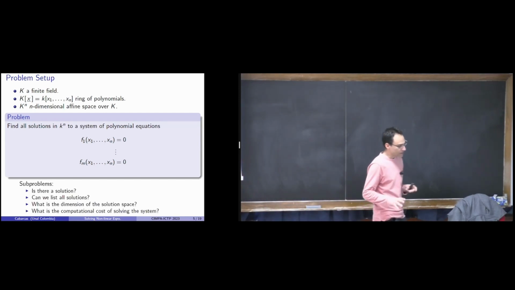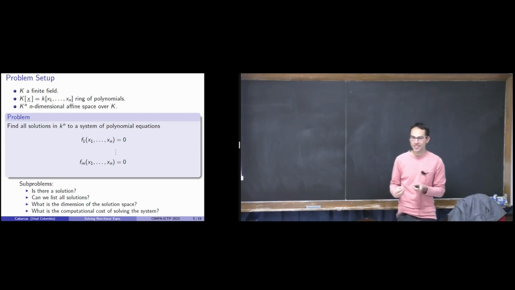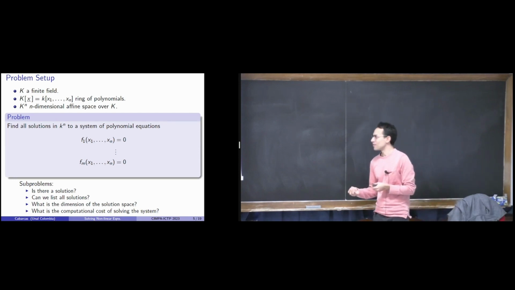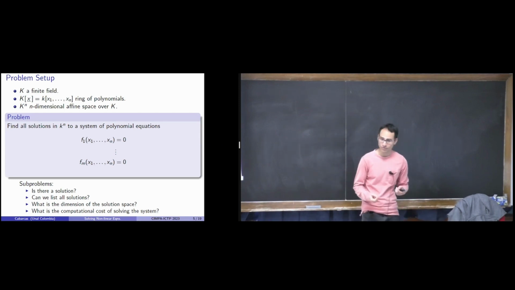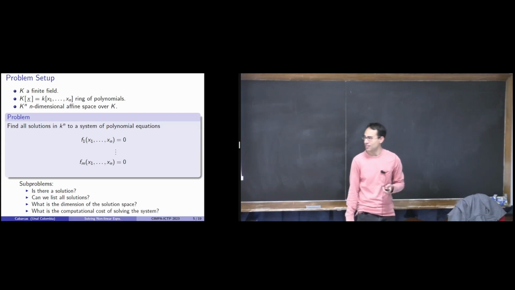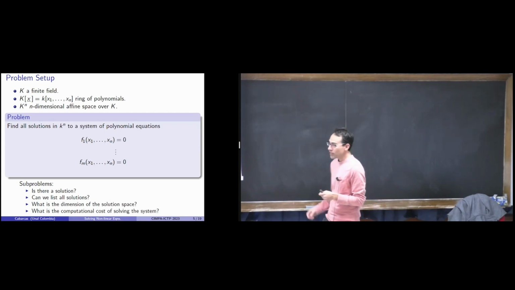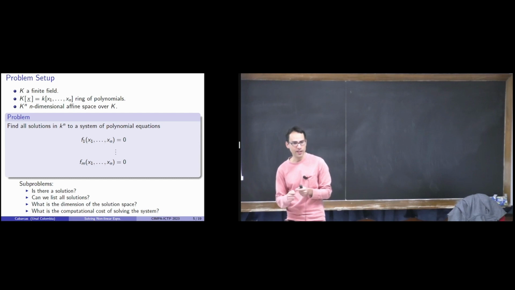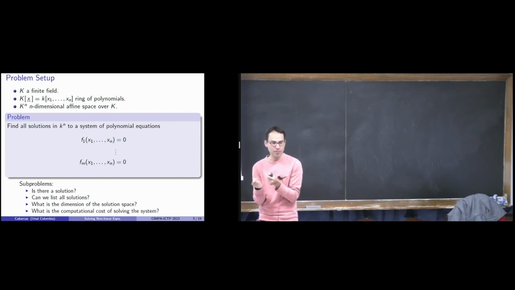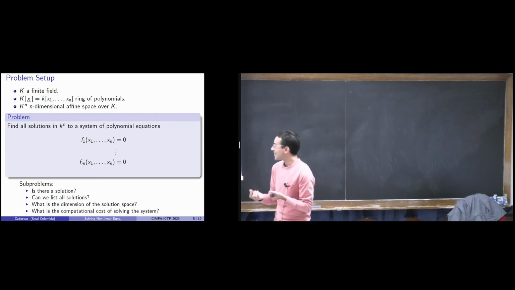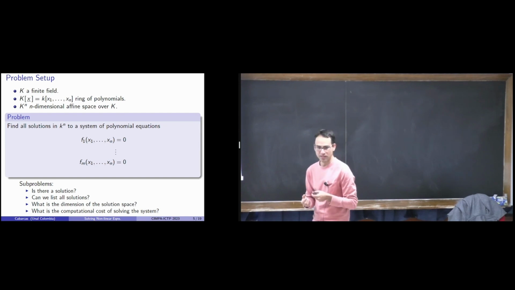Now, there are some sub-problems that come up from that initial problem. Is there a solution? Can we list the solutions? Since we're over a finite field, we can list them. Can we have a parameterization of that solution space? What is the dimension of that solution space?